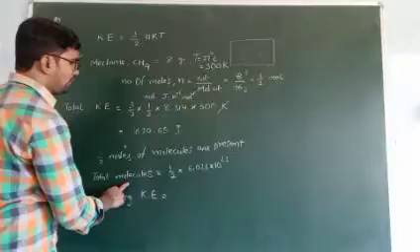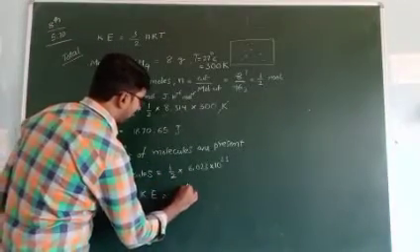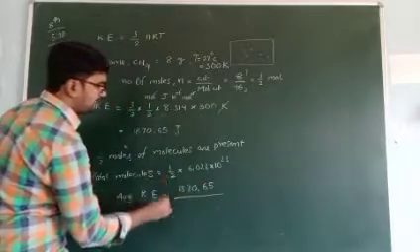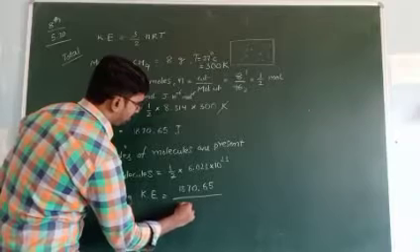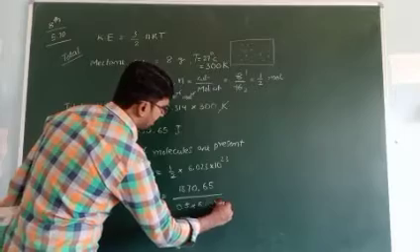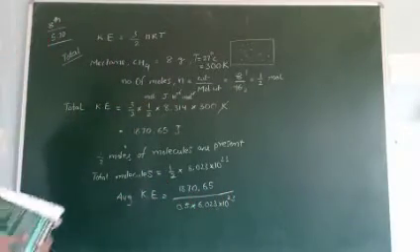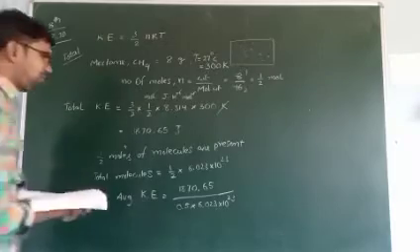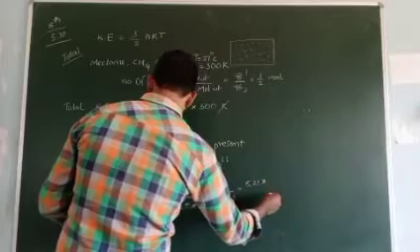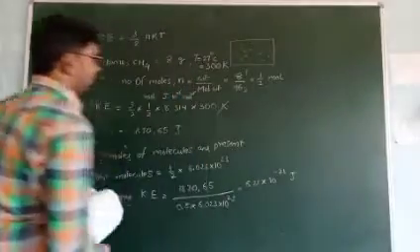So 1870.65 by 1 by 2, which is 0.5, into 6.023 into 10 to the power of 23. Now the answer is 6.21 into 10 to the power of minus 21 joules.